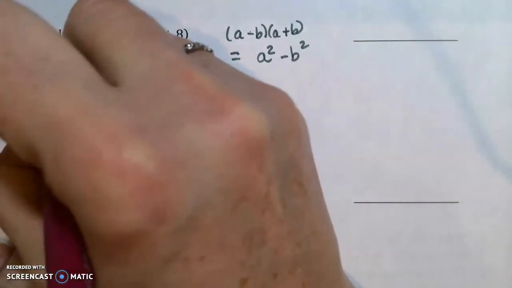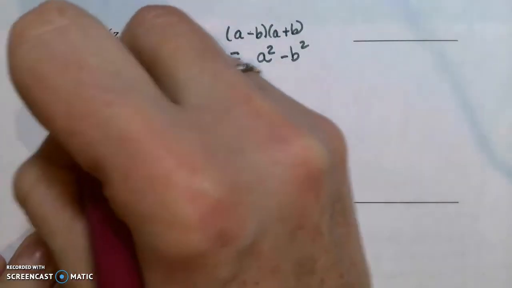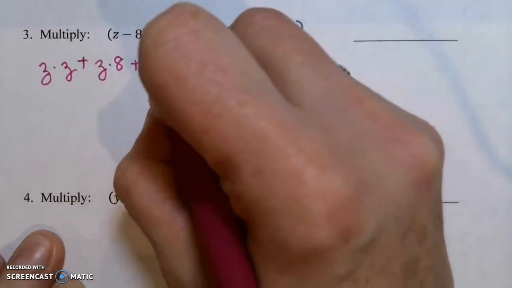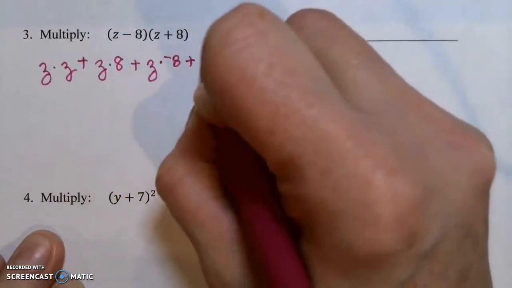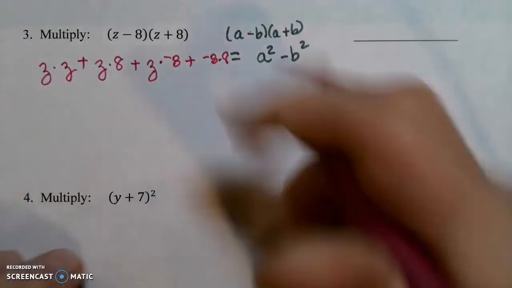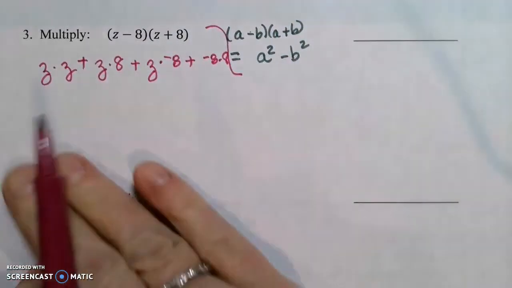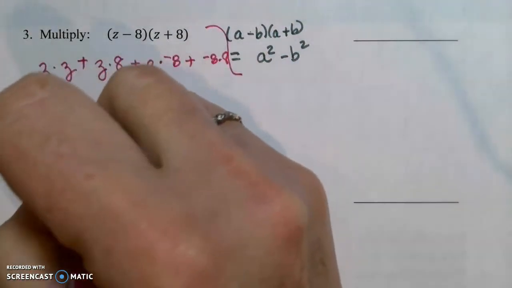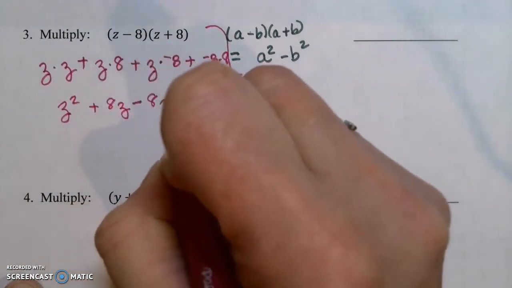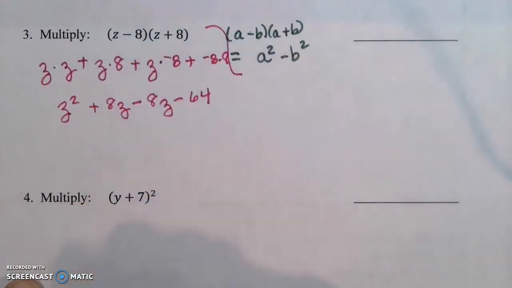So z times z plus z times 8 plus z times negative 8 plus negative 8 times 8. And then what's going to happen there, once we clean that up, we'll have a z squared plus 8z minus 8z minus 64.